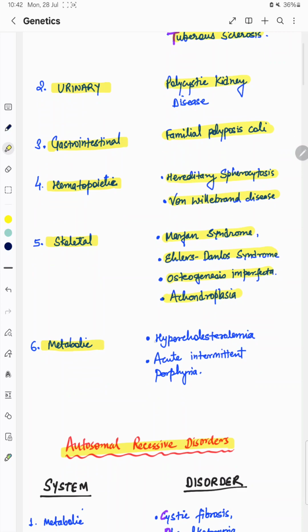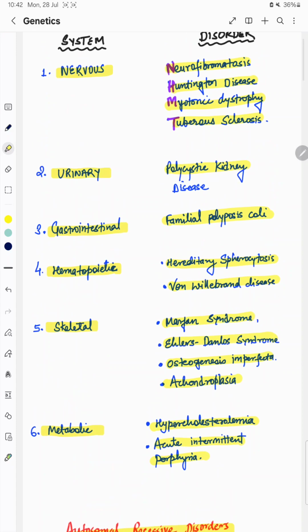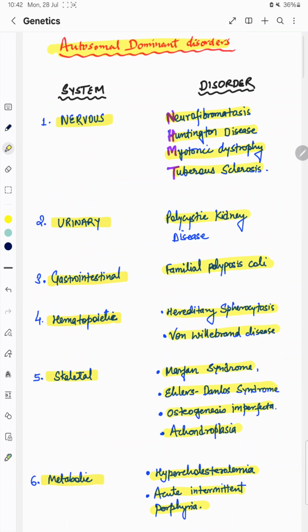In metabolic disorders, hypercholesterolemia and acute intermittent porphyria. These are the examples of autosomal dominant disorders. They are very important and many questions are asked from these disorders.